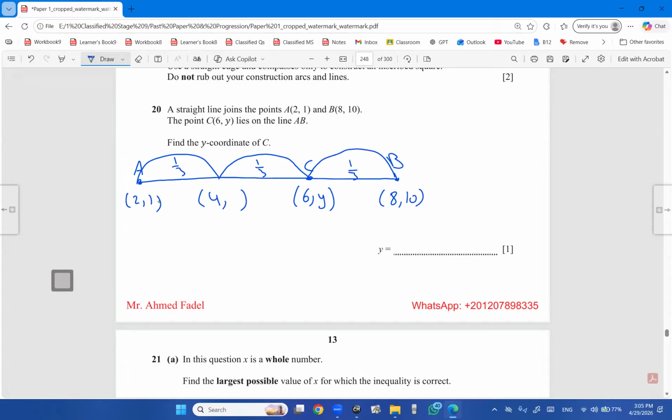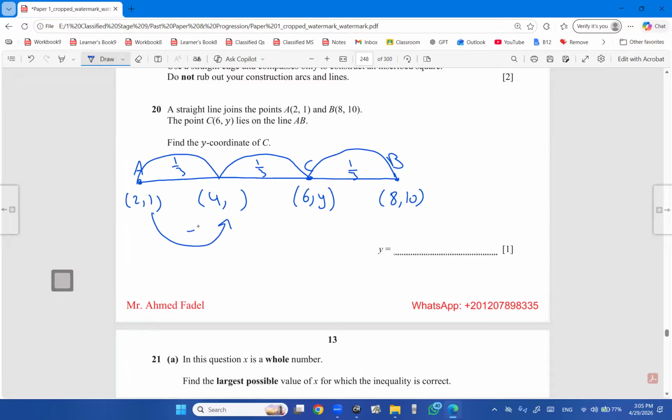So noticing that you are jumping in thirds or the line is divided into 3 sections is going to help you a lot find about the Y. Because from the 1 until the 10 the difference is 9, right? So you're going to find that you're jumping every time 1/3, so you're jumping in 3s for the Y. So the 9, I need the third of it.